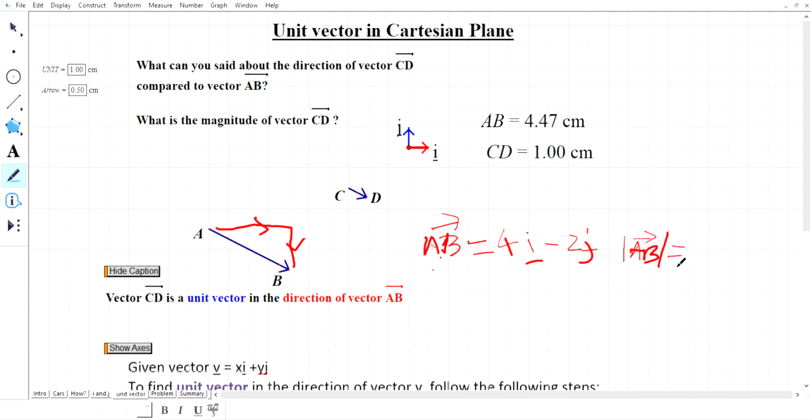The magnitude is equal to the square root of 4 squared plus 2 squared. That is the square root of 20. Or you can simplify as the square root of 4 times 5, that is 2 square root 5.